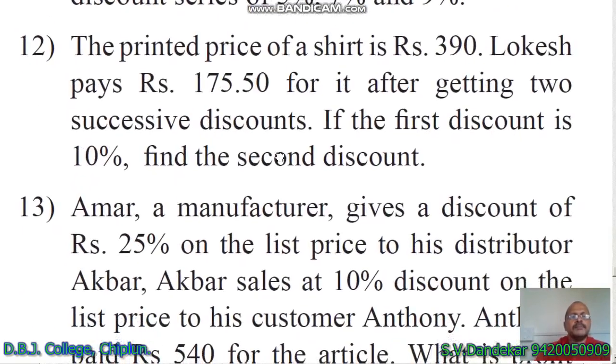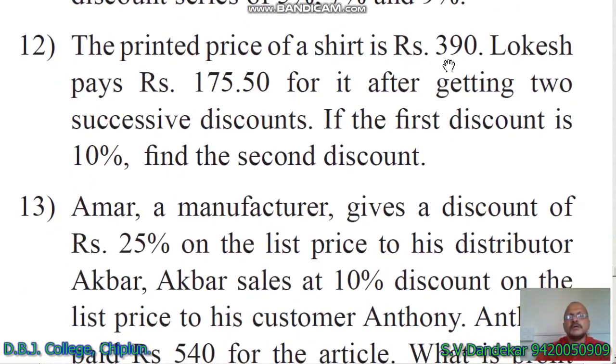12th problem. The printed price of a shirt is rupees 390. Lokesh pays rupees 170.5 for it after getting two successive discounts. If the first discount is 10%, find the second discount.